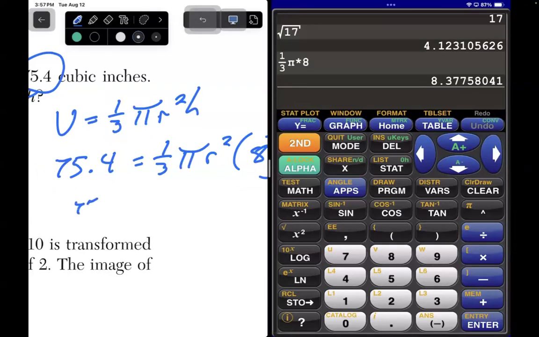So 75.4 equals 8.38 r squared. Now I just need to divide both sides by that 8.38, right?